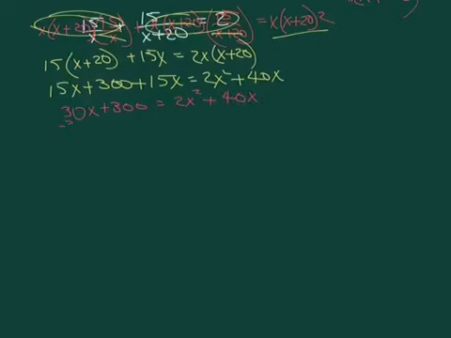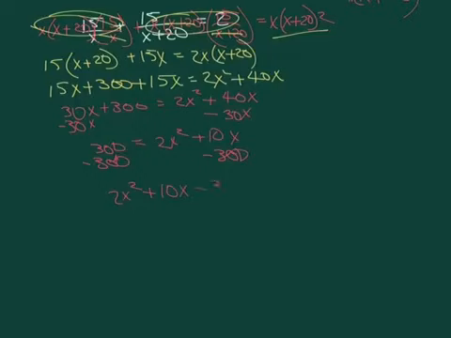Okay, we'll subtract 30x there and 30x there. So that gives me 300 equals 2x squared plus 10x. Subtract 300 from both sides. And we get 2x squared plus 10x minus 300 equals 0.